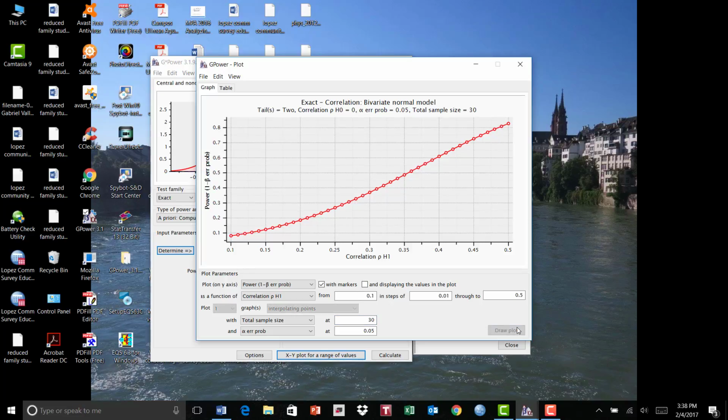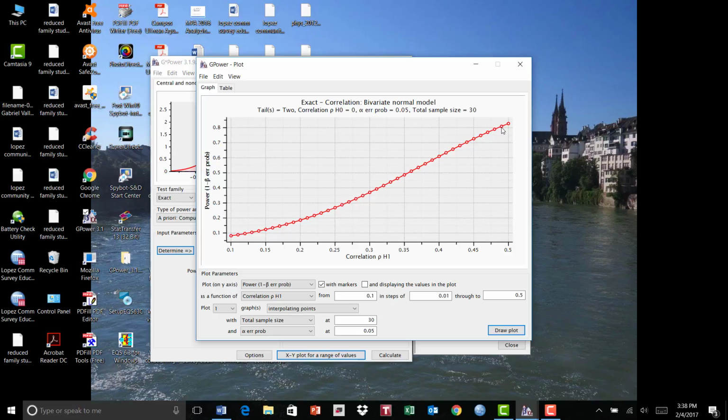So if I have 30 people, what's reasonable? You might say there's no chance on Earth you're going to detect a tiny correlation. But gee, with 30 people, you might be able to get a correlation of a little over 0.5.